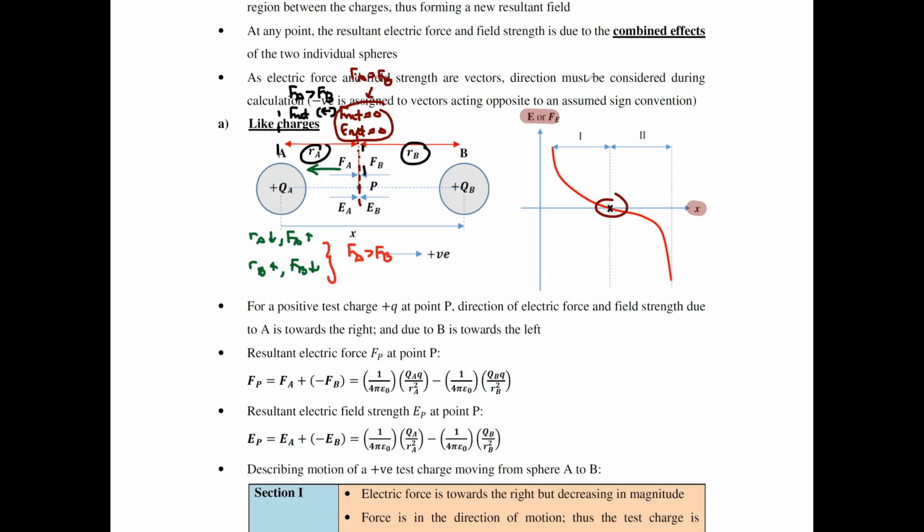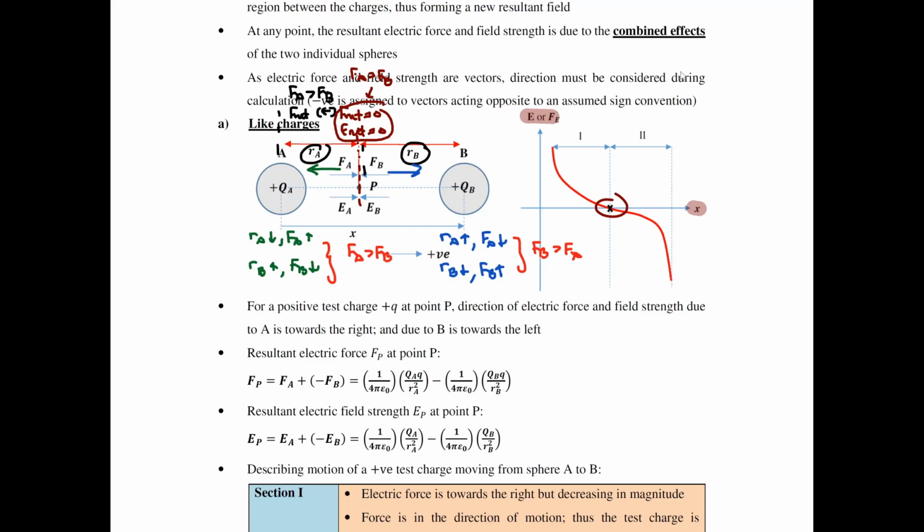Now, if you move in the opposite direction, going towards the right, your RA would now increase, your FA will decrease, and then your RB decreases, your FB will increase. So from there, your FB is now more than FA. It's the other way around.